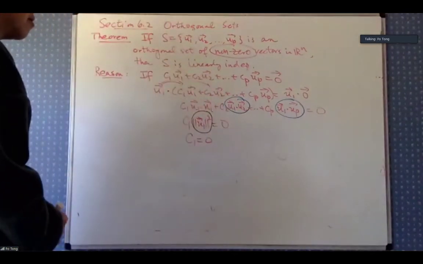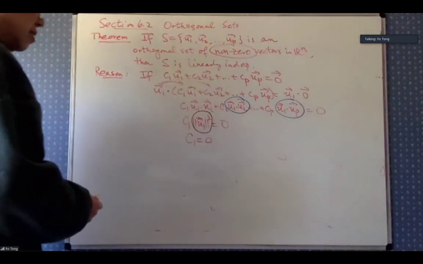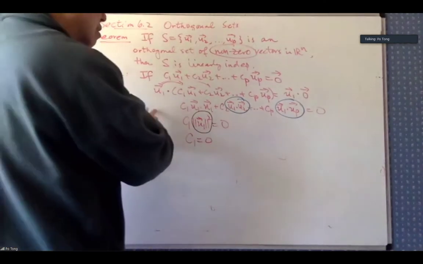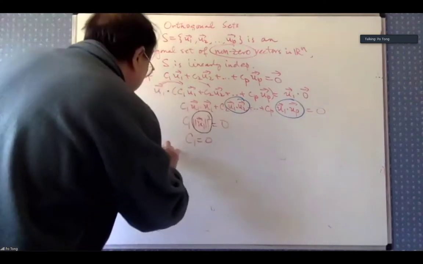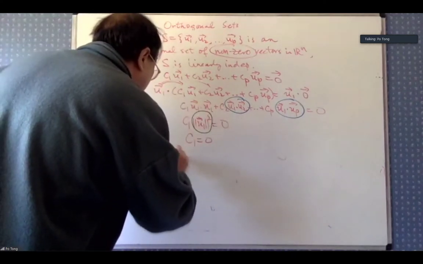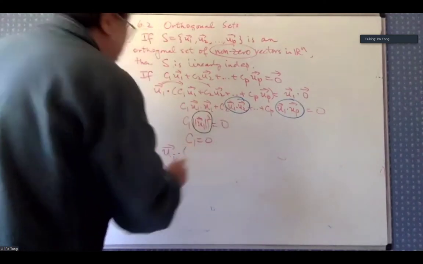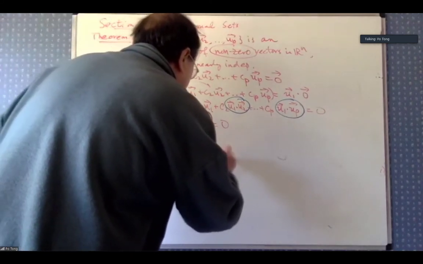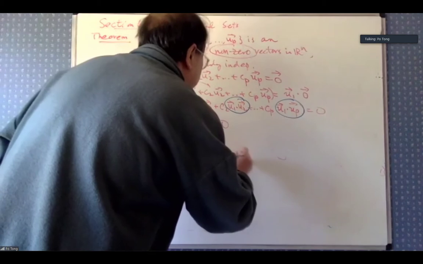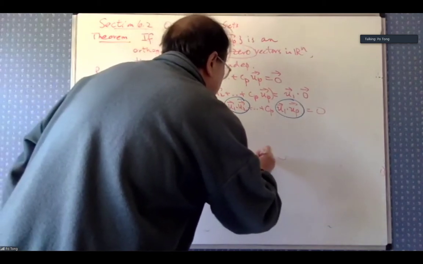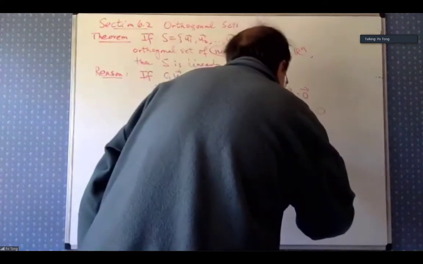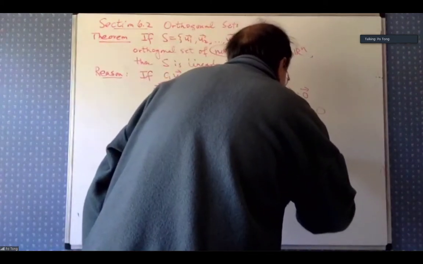And similarly, instead of using U1, you can use U2 or U3. In general, you are going to do UI dot (C1 U1 plus C2 U2 plus ... plus CP UP) equal to UI dot 0.